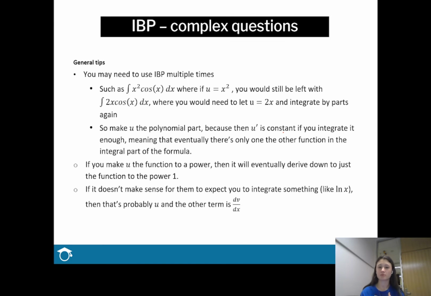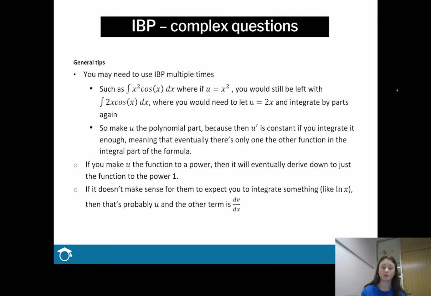The only tricky part with that is it gets kind of long, so you don't want to make any small mistakes or run out of paper on your page and have to go down to the next line. But just try to be neat, and it should be all good, and you shouldn't make too many mistakes, hopefully. So if you make u the polynomial part, and so on, that's just what I've written there.